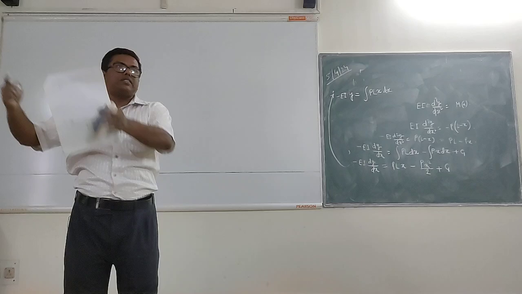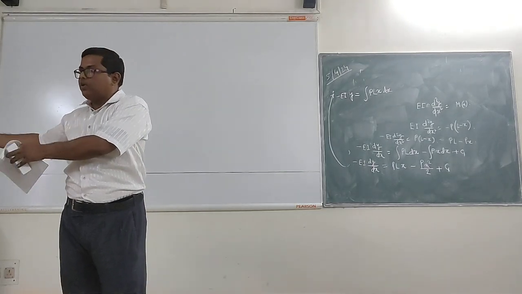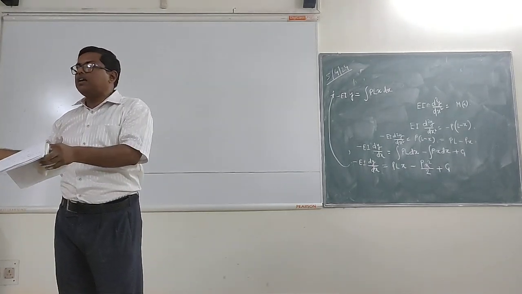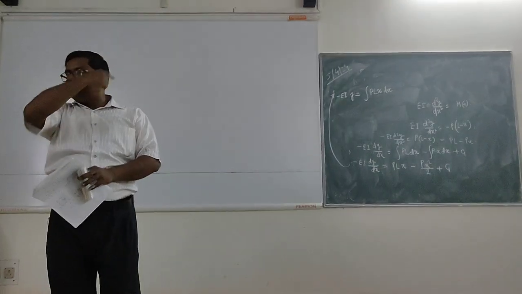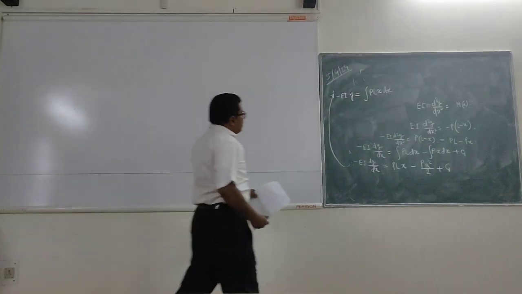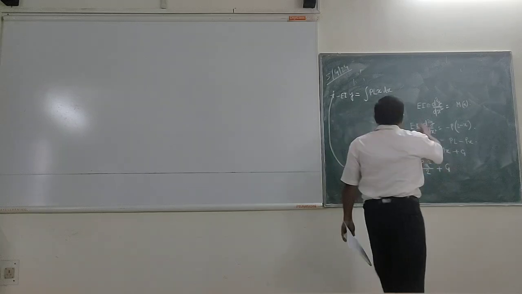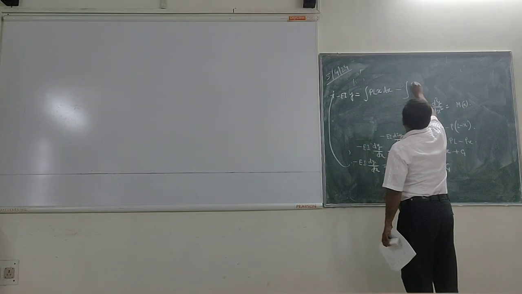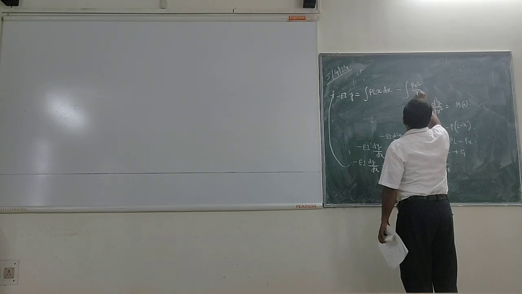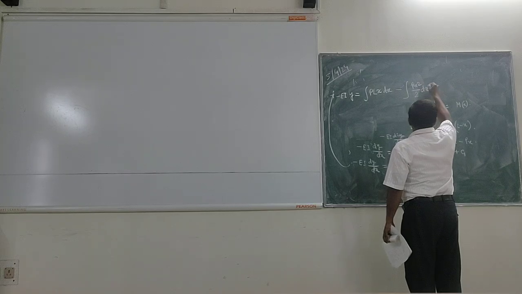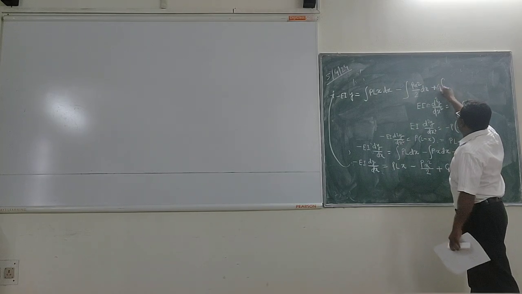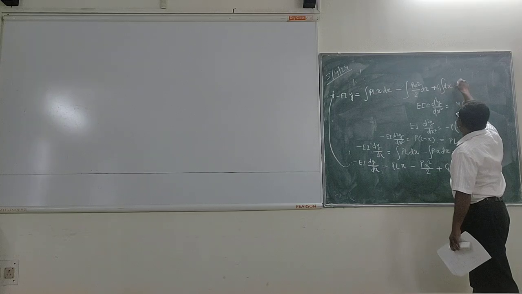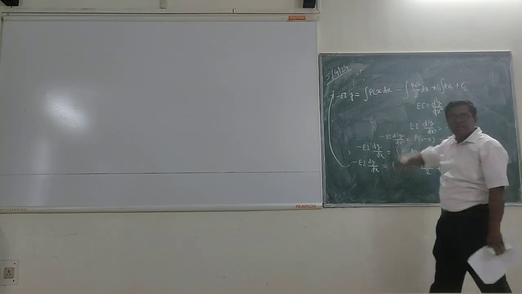So step by step you are going and integrating. Don't worry about the double integral sign. So PLx dx minus integration of Px square by 2 dx plus C1 dx, plus C2.